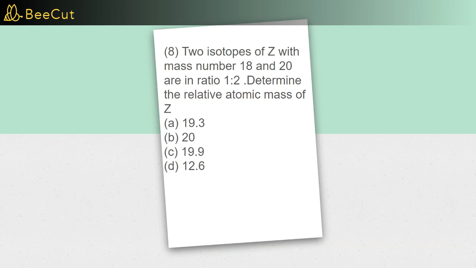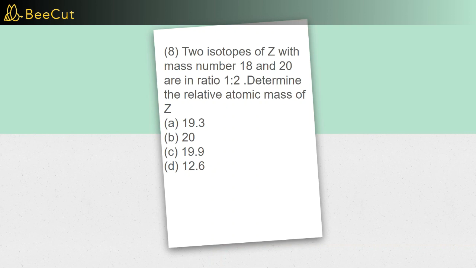We multiply 18 with 1. We add it to the other isotope of Z, which is 20 multiplied by 2, which is the ratio to it, divided by 1 plus 2, which is the ratio.